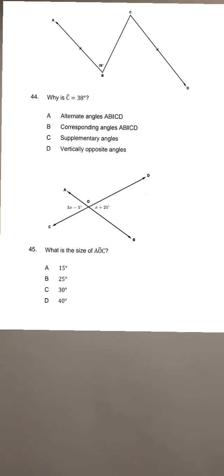Vertically opposite angles. Very true. That is the relationship that exists between angle AOC and angle DOB. They are vertically opposite angles. What do we know about vertically opposite angles? They are equal. Very good. They are equal.